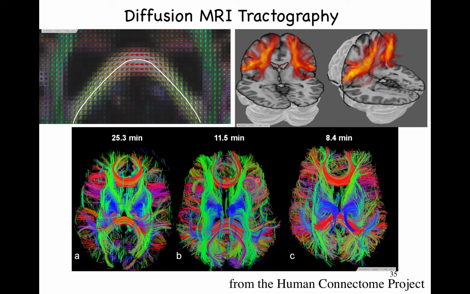And so this is another thing you can do with MR, which is really cool, is you can map the underlying structure inside cells of how water diffuses. So if I have a cell that's sort of a cylindrical shape, like a neuron or a muscle cell, it has walls, and then there's a preferential direction for water to diffuse in that environment. And that is along the cell.